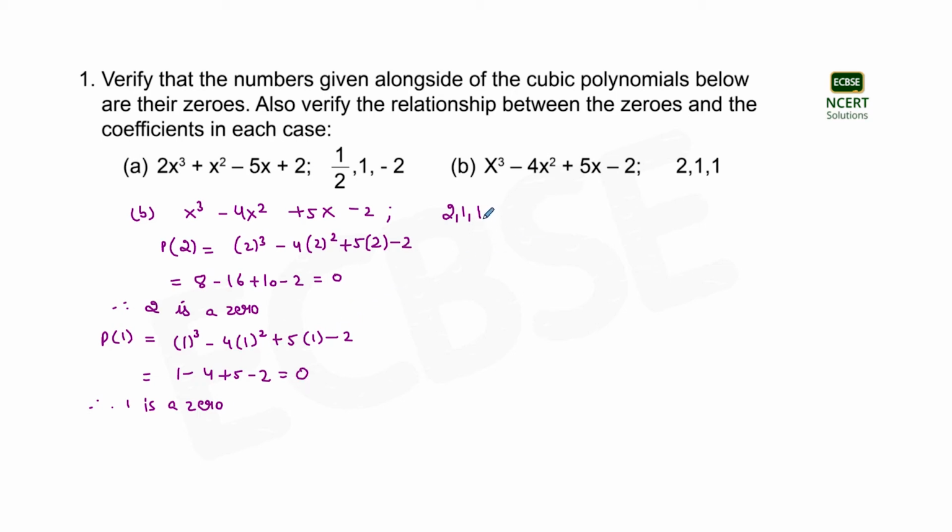As the third number is the same as the second number, 1 is a zero. So it has 2 zeros equal to 1.